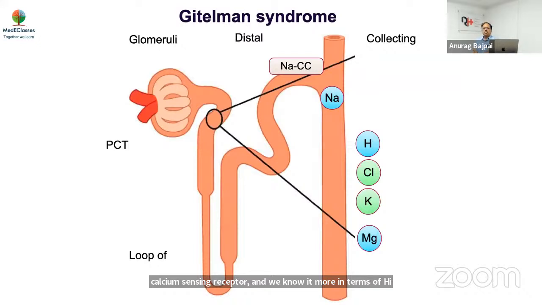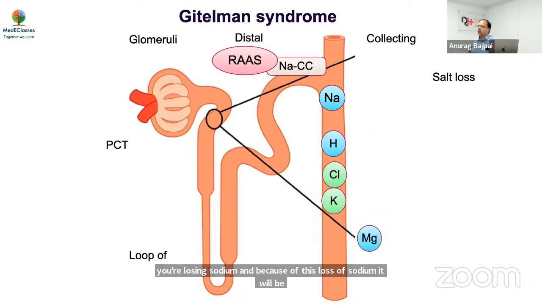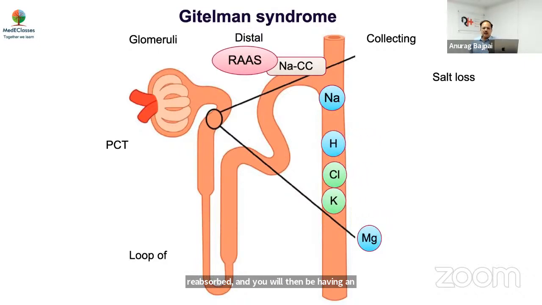What about Gitelman syndrome? Gitelman syndrome basically is a defect of the thiazide area, where thiazide acts on the sodium chloride symporter, in which you're losing sodium, and because of this loss of sodium, you will then have an exchange which will happen, and you will be losing again potassium, chloride, and proton.